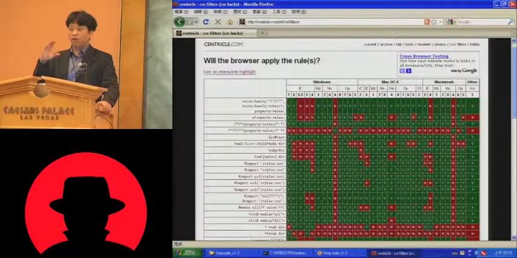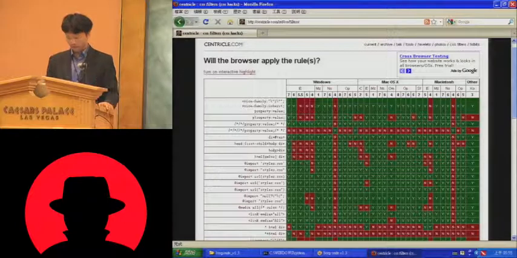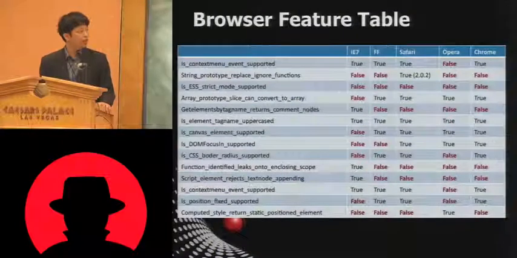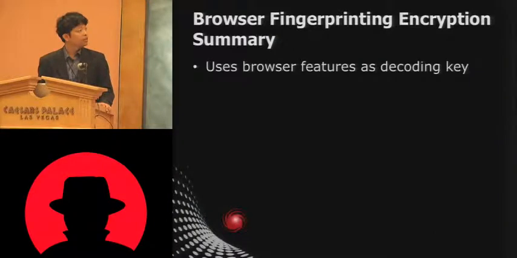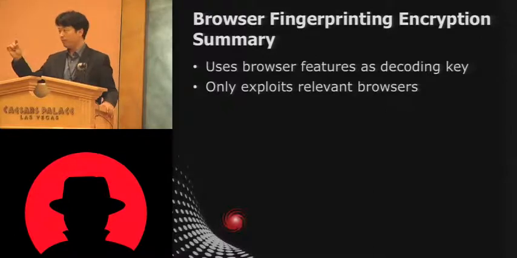And so we've developed code that can very precisely fingerprint which browsers are actually running the piece of JavaScript. We've implemented these functions. So use browser features, and then each checker actually generates 1 bit of the key.